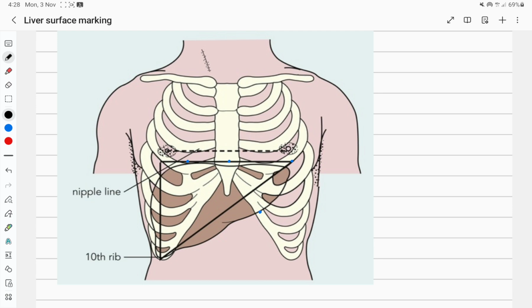I will tell you some points related to the superior margin of the liver from left side to right. This is the left side and this is the right side. The first point corresponds with the left fifth rib in the mid-clavicular line.